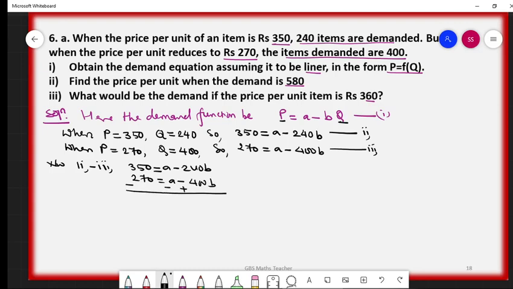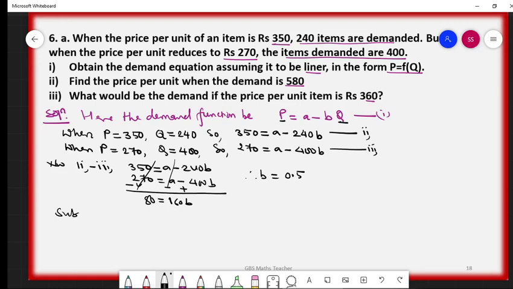Subtracting, A cancels, and this will be 80 equal 160B, therefore B equal 0.5. 80 by 160 is that.